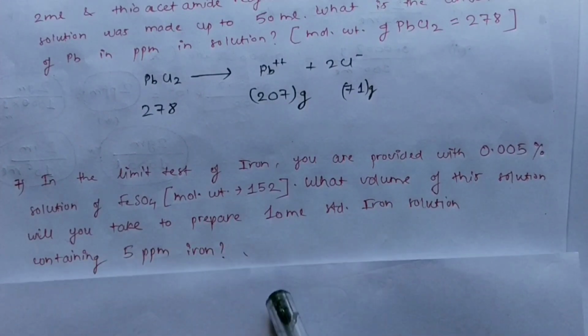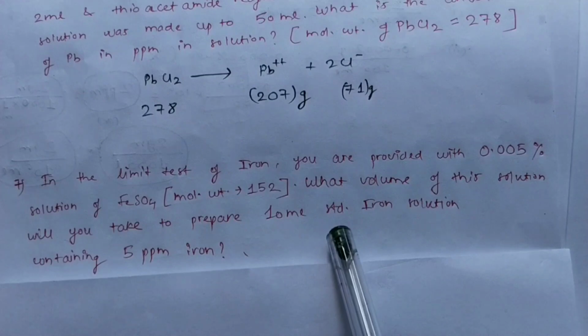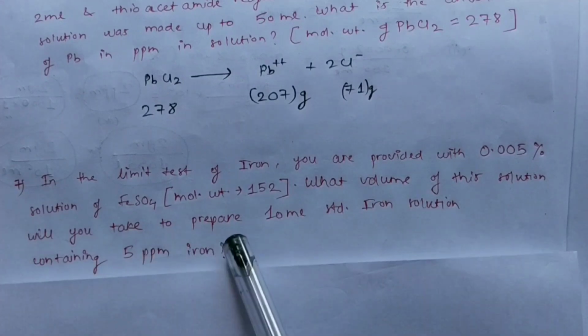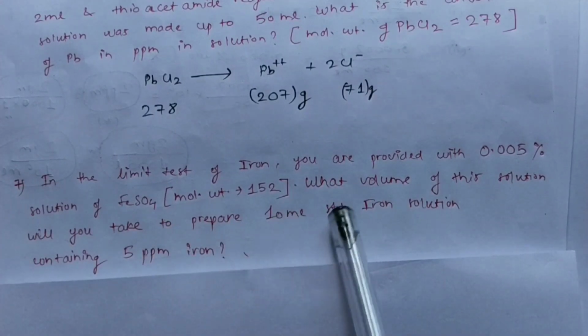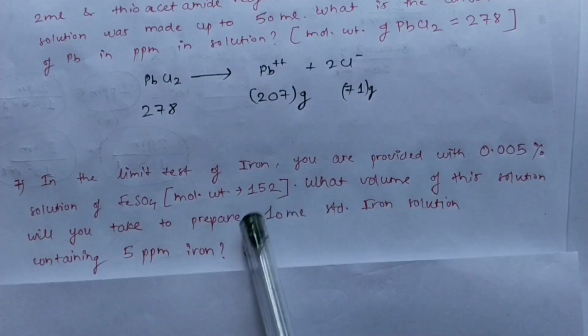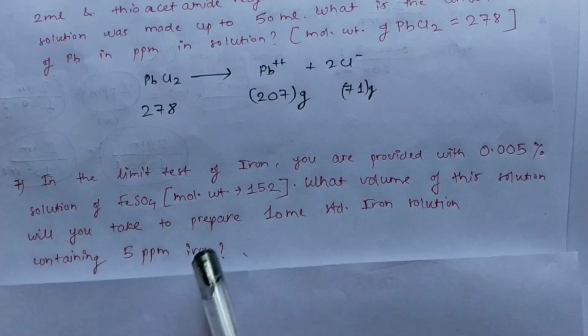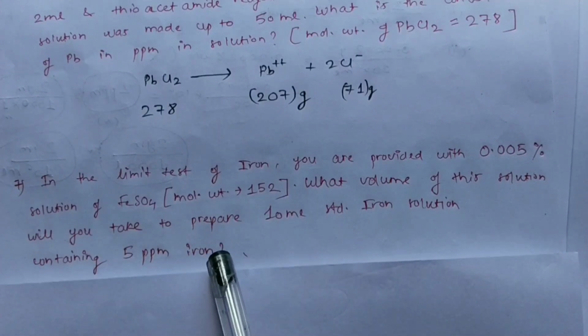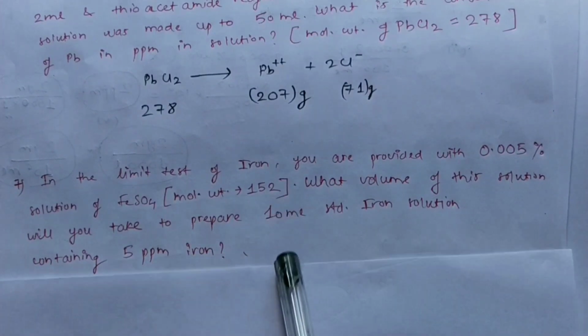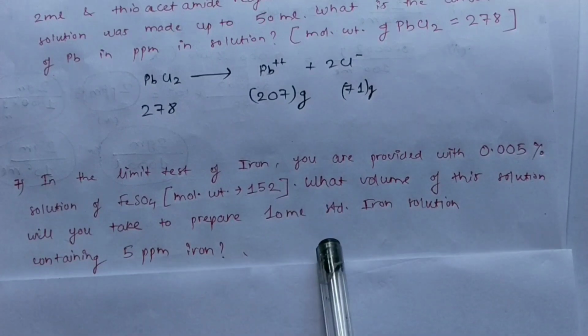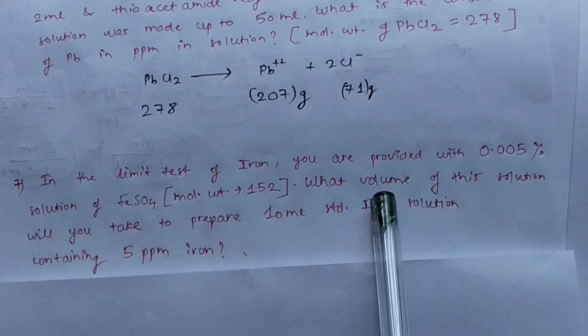This means your final solution which you require to prepare must contain 5 parts per million iron, and the final volume is 10 ml. So with this volume and 5 parts per million relation, we can find out the mass of iron required in the final volume.